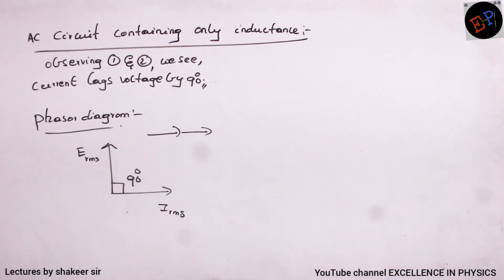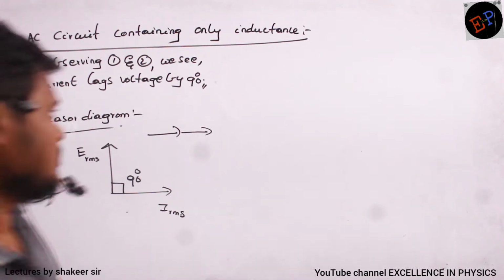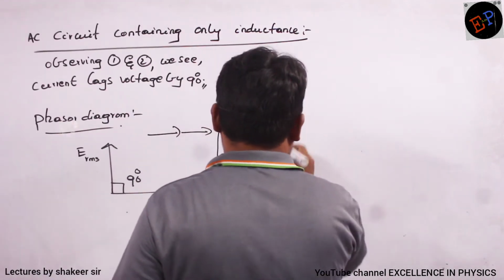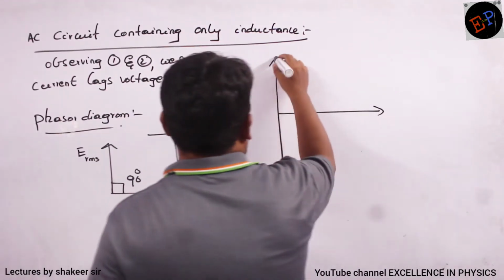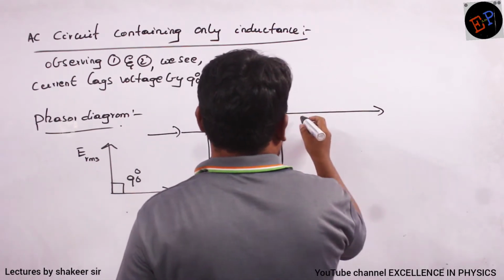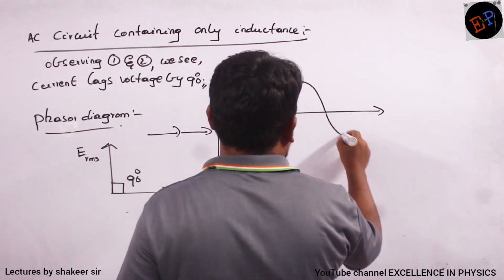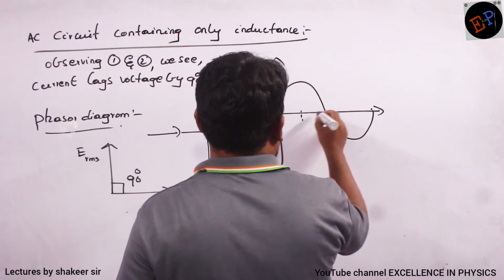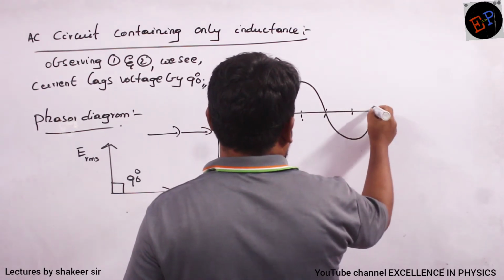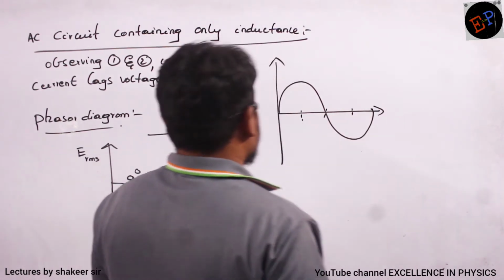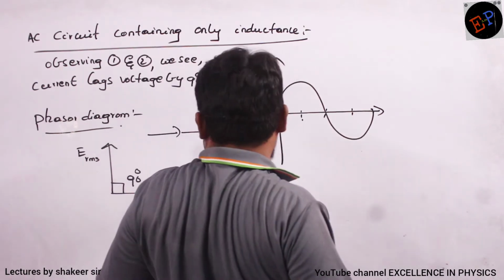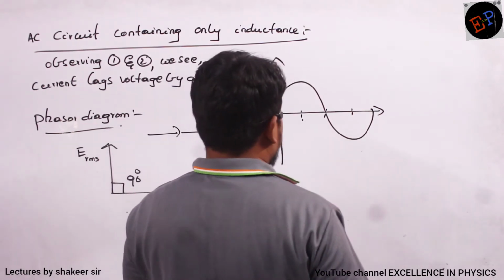Okay. Phasor diagram, I can draw like this. It should lag, no? Current should lag.